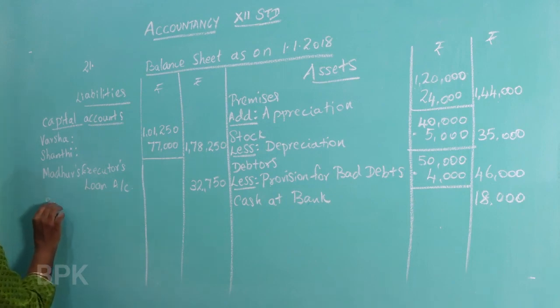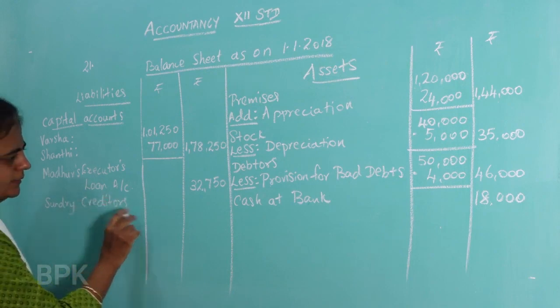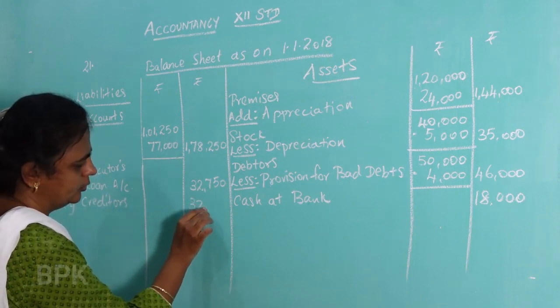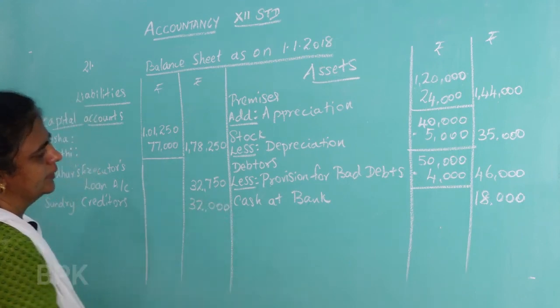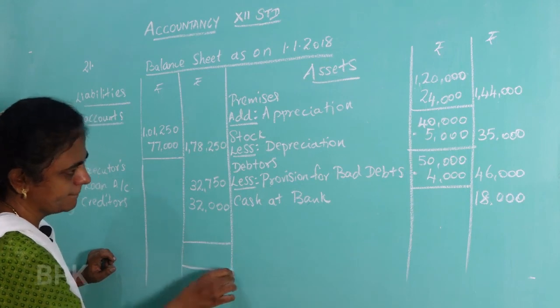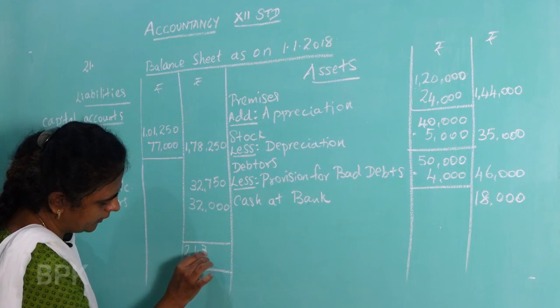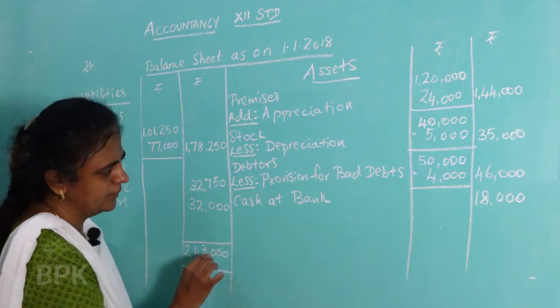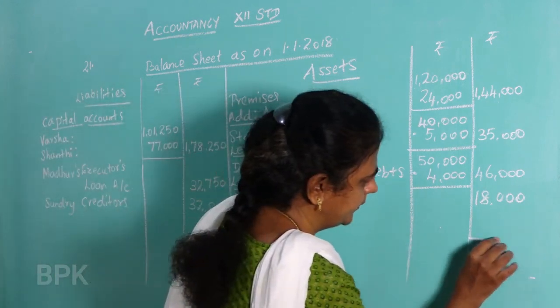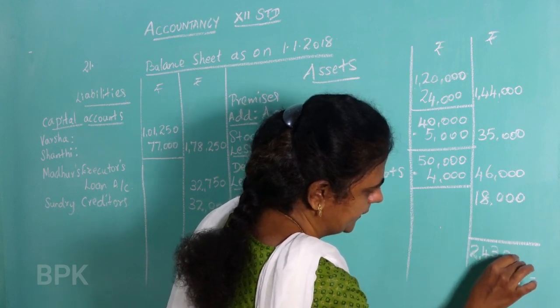Sundry creditors 32,000. Okay. Now put the total on both the sides. So that will give you 2,43,000. Here also 2,43,000.